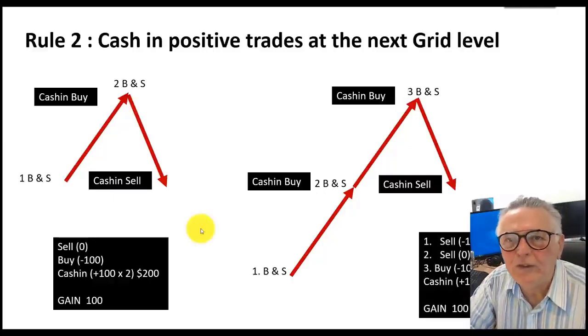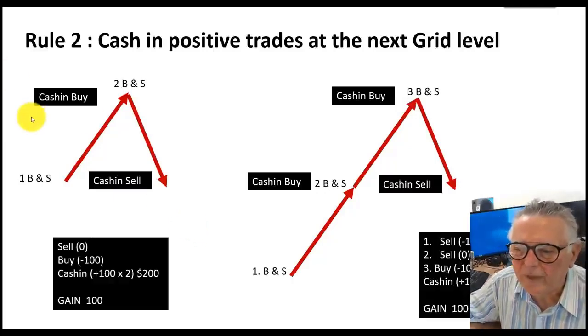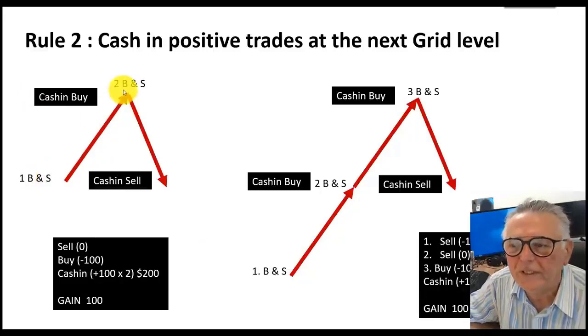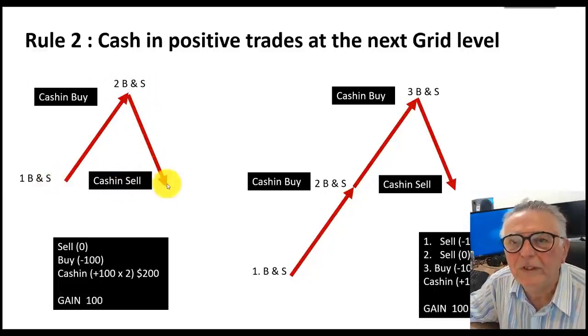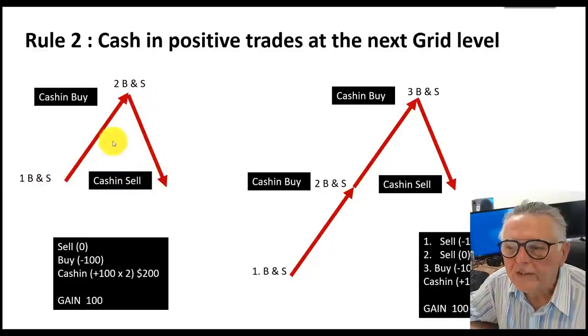So let's apply those two rules, and let's say we bought and sold at the first level, it went up, we bought and sold again, and we cashed in the buy, and then it went down to the same grid level as before. So what would have happened is we would have cashed in one buy going up, cashed in one sell going down. But there would have been an open sell.